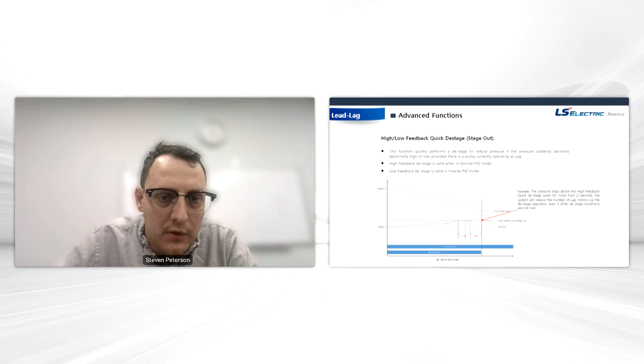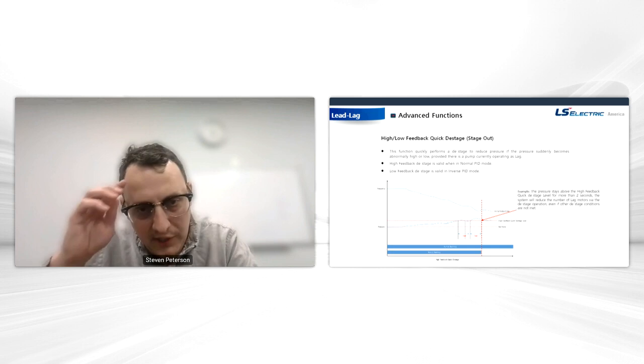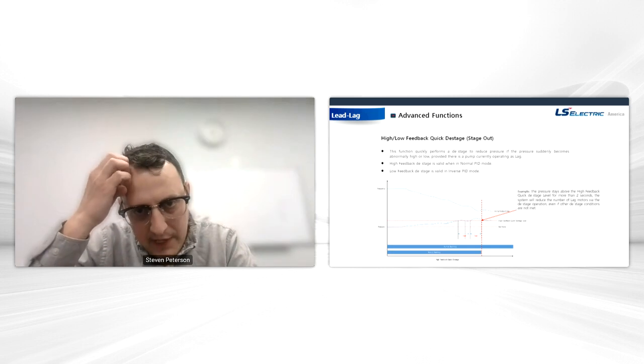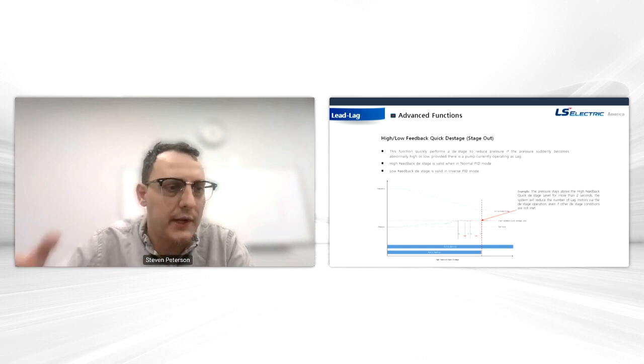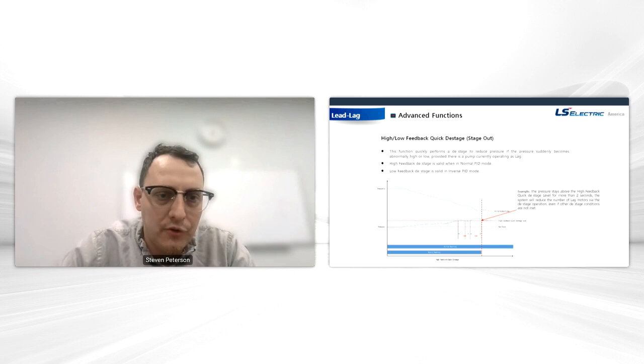Remember a few slides ago, hopefully you can remember, it wasn't that long ago, high feedback destage is valid when you're running a normal PID, which is probably 90% of the time. But if you're ever running an inverse PID, like a tank and level control or something like that, then we're looking at the low feedback level to destage.